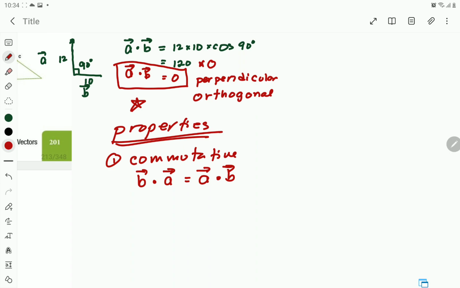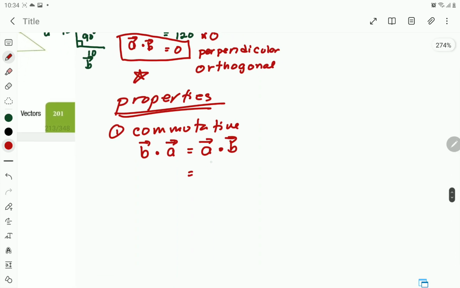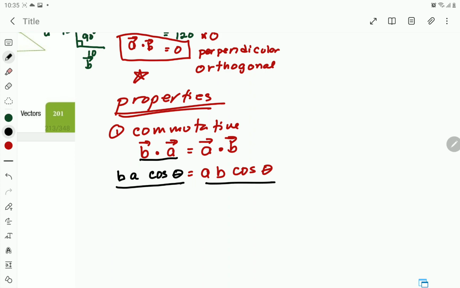Okay? Why did we say so? Because by definition, A dot B is equal to the length of A times the length of B times the cosine of the angle between them. Well, this definition says the length of B times the length of A times the cosine of the angle between them. And as you can see, the left side and this one are equal.